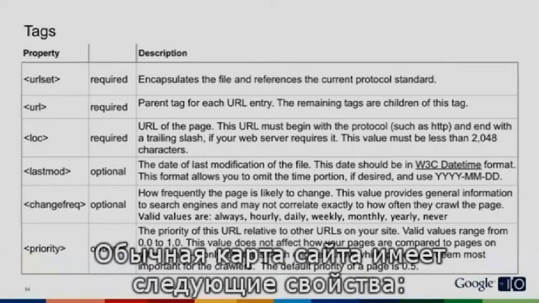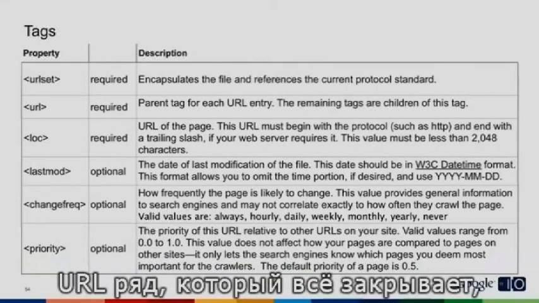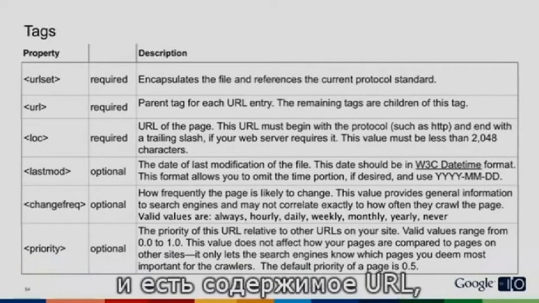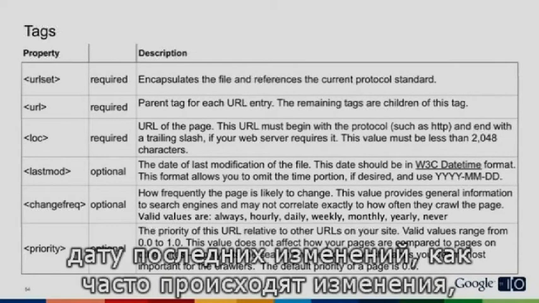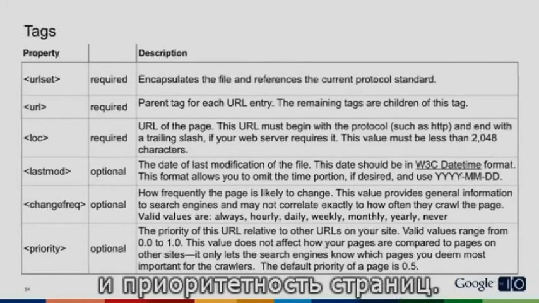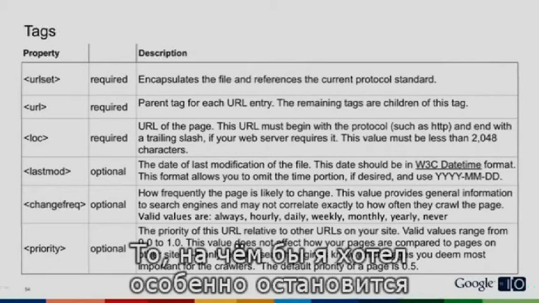A typical sitemap has these properties. You've got a URL set that encapsulates everything, and then you've got URL entries. And in those URL entries, you may indicate the location, the last modified date, the change frequency, and the priority of the page. All these are really straightforward. The one that I do want to mention particularly is the priority.